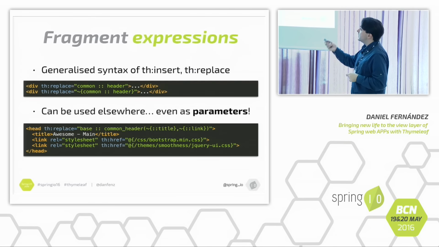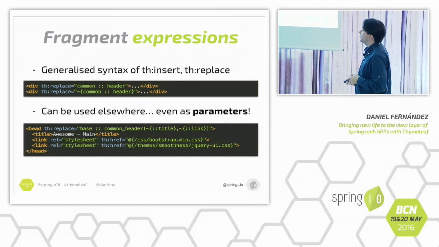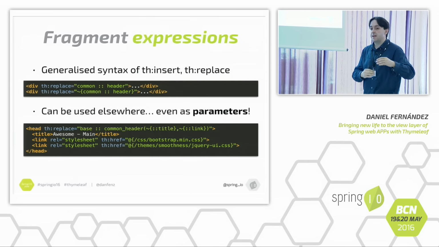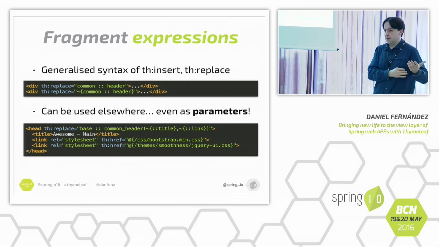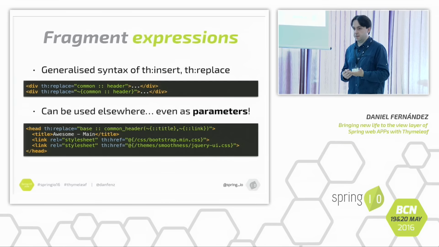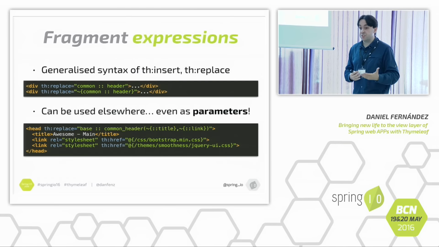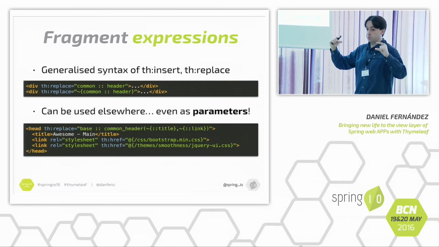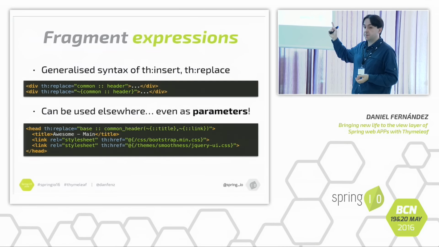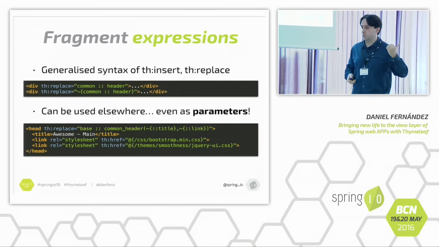So for example, you can now do something like what you see in the bottom piece of code. You are calling here a common header fragment, which will replace the header in your template, and you're passing to it customizations to that common header. Customizations in the form of HTML, because what you're passing are basically the title element and all the link elements. Those are normal markup expressions like the ones we saw before.